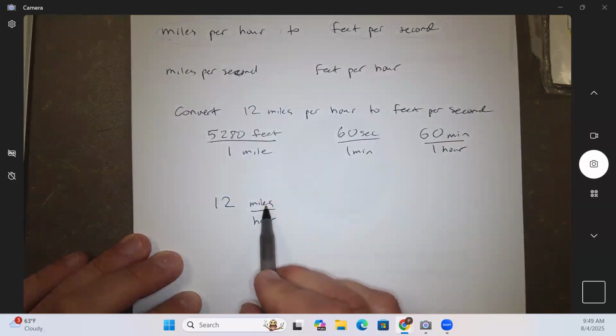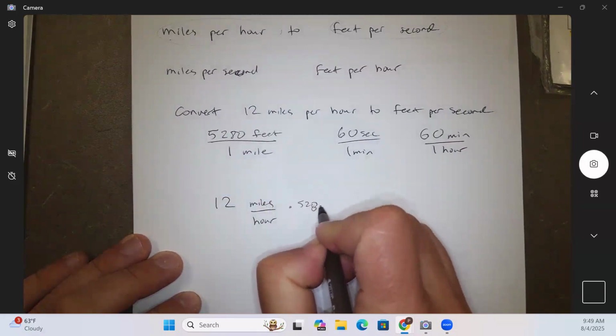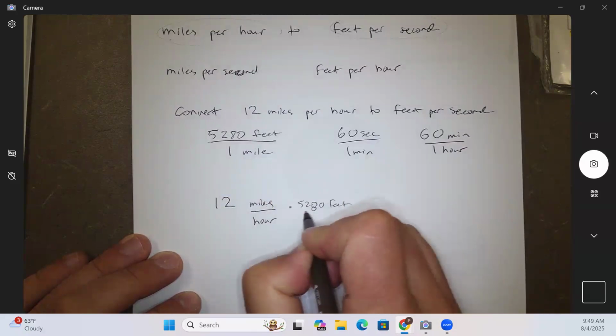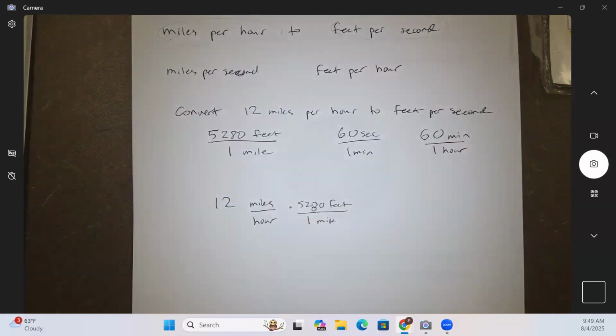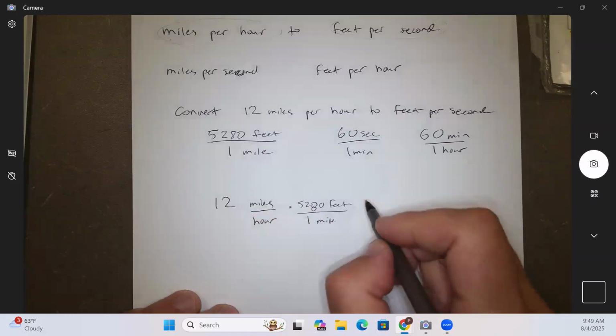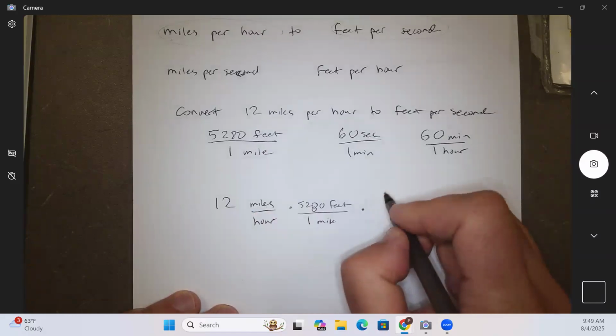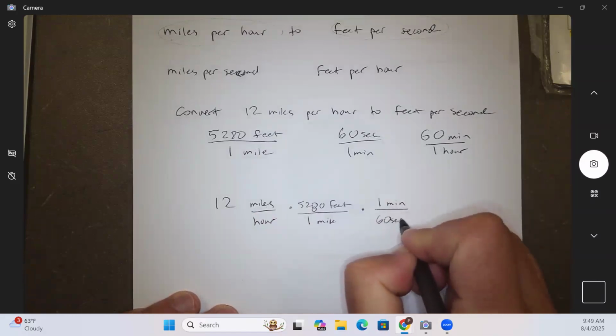So I have to cancel out somehow the miles. So I'll cancel that out by doing 5,280 feet per mile. That will cancel the miles. And I also have to cancel out the hours. So I have to do this actually backwards.